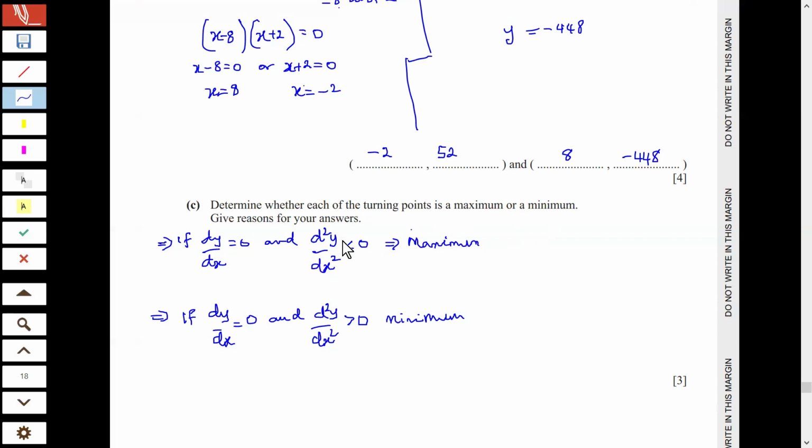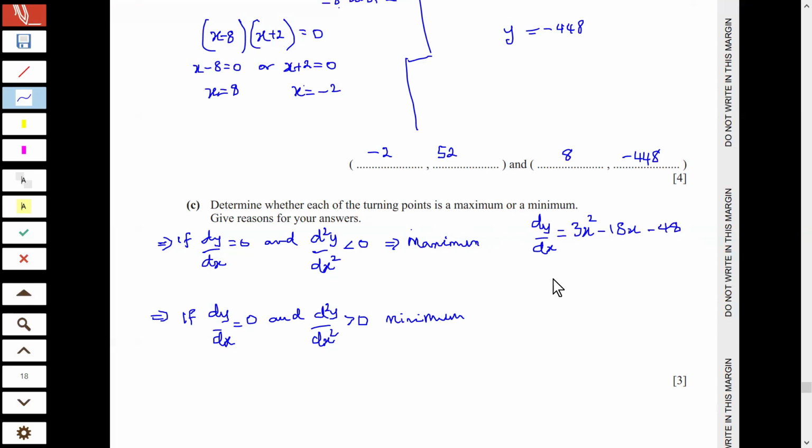So now let's find the second derivative. Already we found dy/dx, which is given as 3x squared minus 18x minus 48.